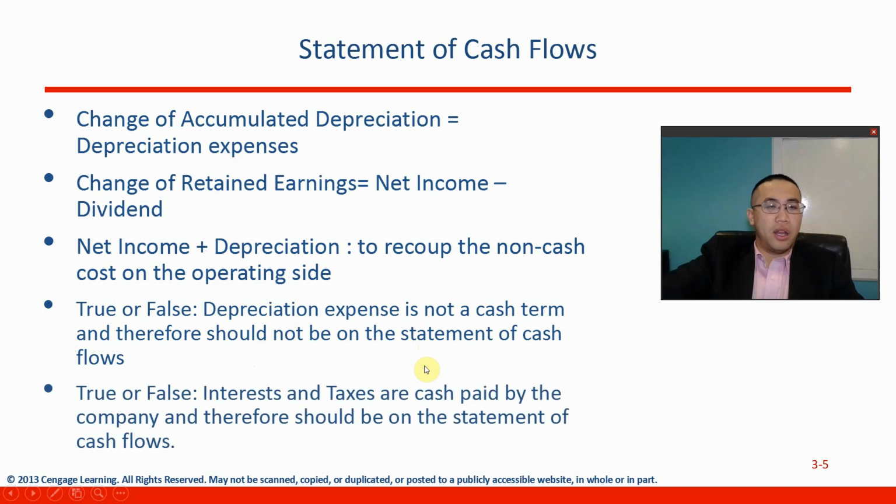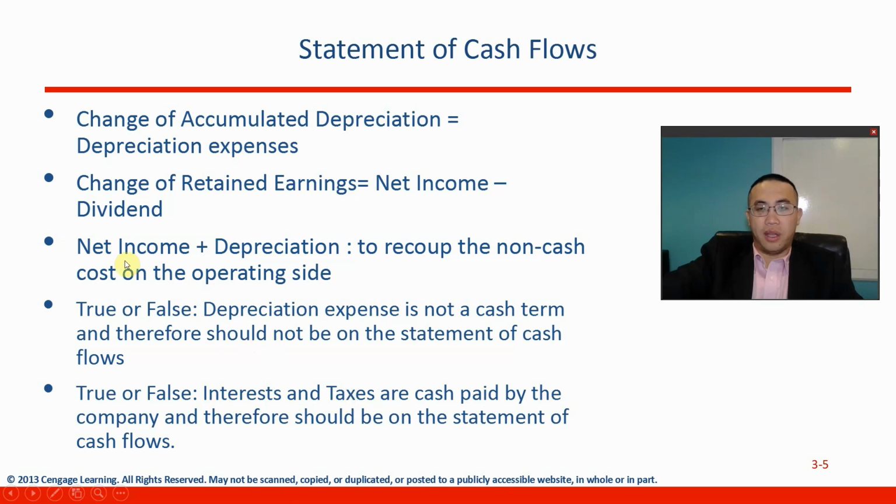All right, the next one is: interest and taxes are cash paid by the company and therefore should be on the statement of cash flows. Well, it's true that interest and taxes are cash paid by the company. The thing is, you cannot find these items on the statement of cash flows. The reason is net income already represents interest and taxes.